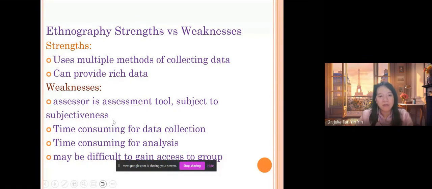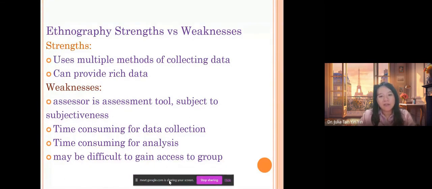It's not objectiveness, it's subjectiveness, because we base it on our own analytical skills and our own involvement. And then it is very time consuming. Sometimes you need to stay in that context for more than three months, 3 to 6 months, before you can get all your data collection.